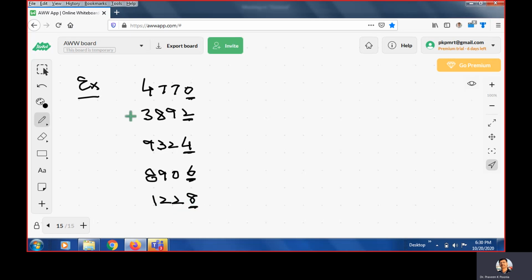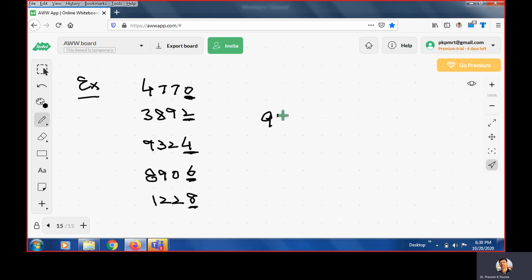Why are these numbers divisible by 2? Because we are checking the first digit, the unit place digit. If the unit place digit is 0, 2, 4, 6, 8, then the numbers are divisible by 2. Clear?